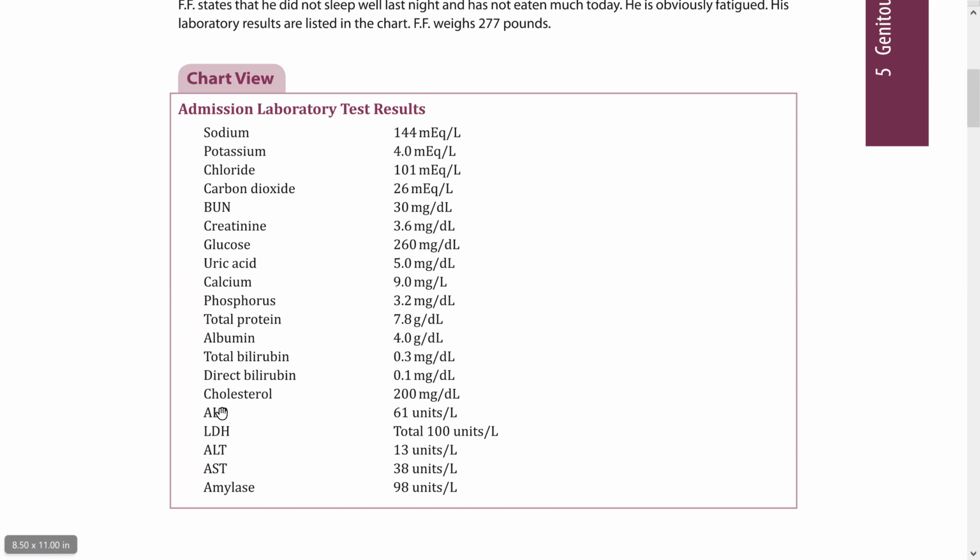So this ALP is alkaline phosphatase. The ALT and the AST are liver enzymes. So the last three here are all liver enzymes, by the way. Potassium level, it's 4, so it's okay, right?